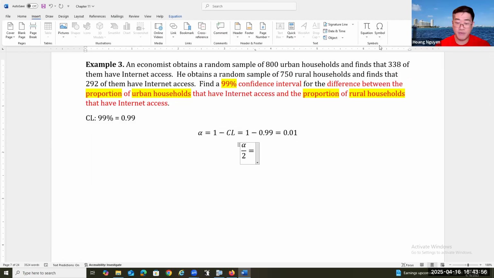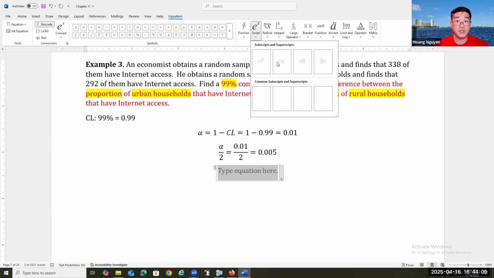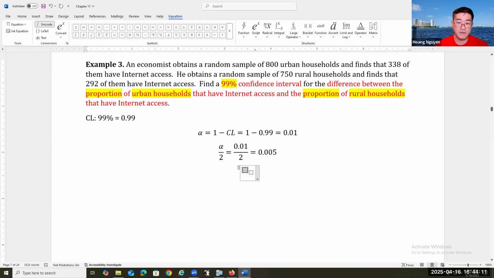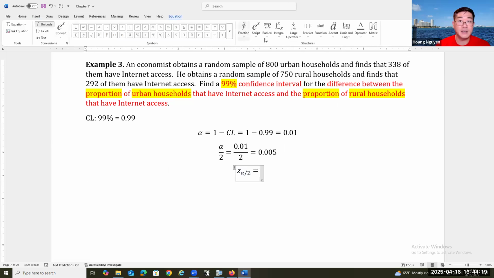We're looking for z sub alpha over 2, so that's why we have to divide alpha by 2. 0.01 divided by 2 is 0.005. Now I'm looking for z sub alpha over 2. We just know alpha over 2, so I'm going to substitute that: z sub 0.005.